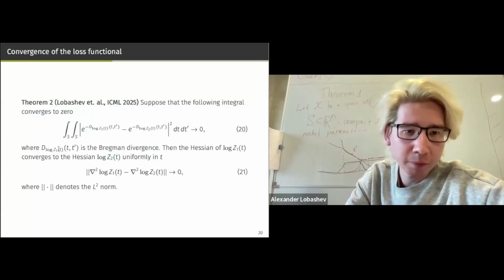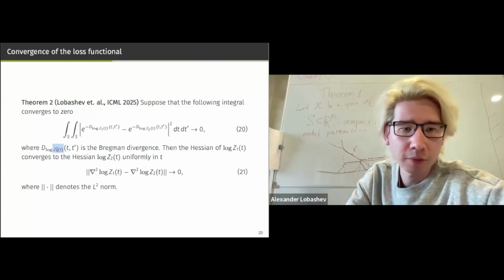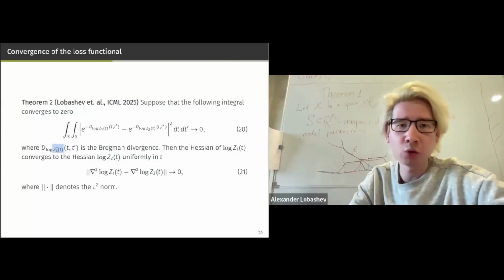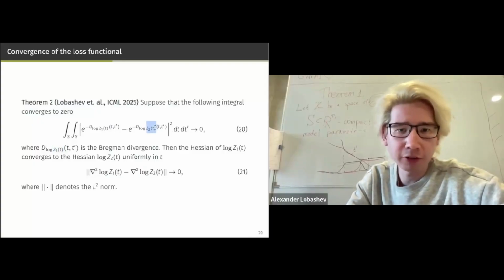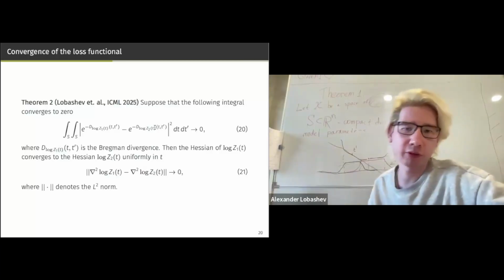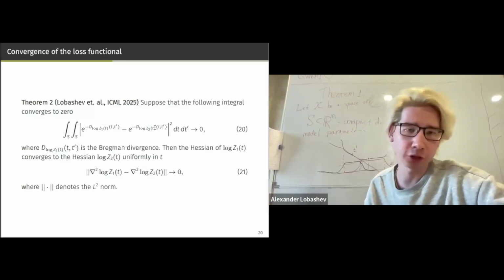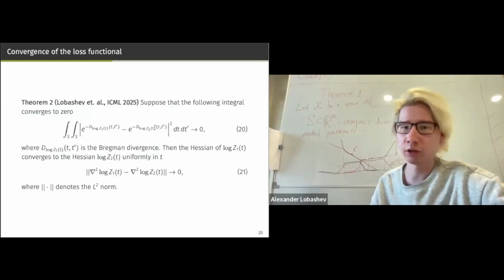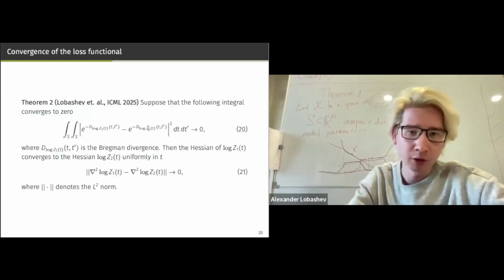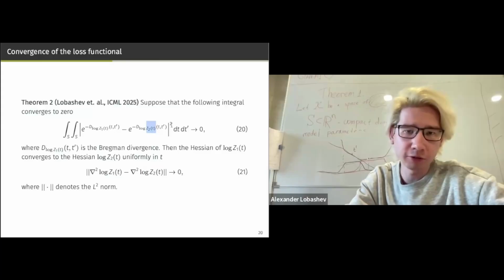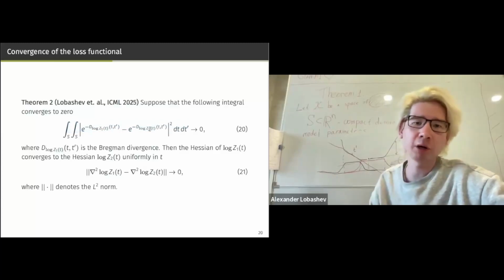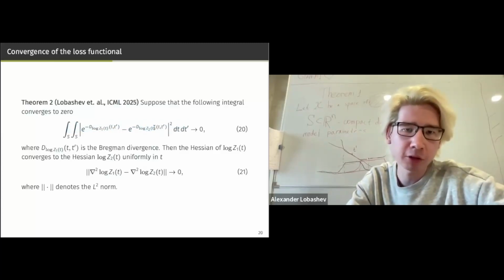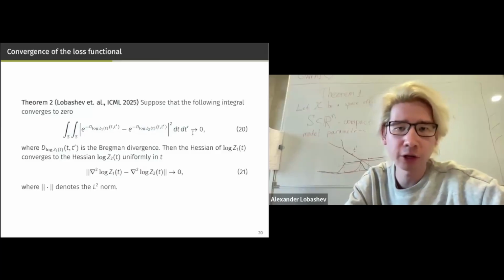Suppose that we have some ground truth convex function that we want to estimate. And we have a second convex function, which is from some parametric family of convex functions which has a universal approximation property. And we minimize with respect to the variational parameters of this second convex function.